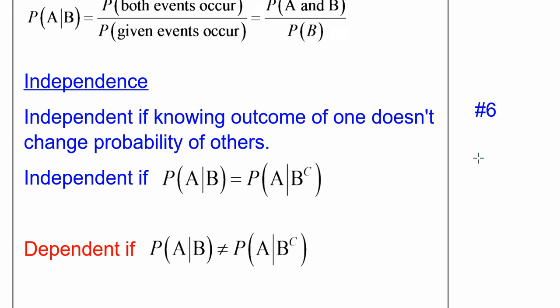So again, that's going back to number 6. So we were looking at when A occurs given B, that was the 8 out of 10. That was what, 80%? And then given B not occurring, that was the 15 out of 22 of those preferring English, that's 68%. They were not equivalent, therefore it had to be dependent events.